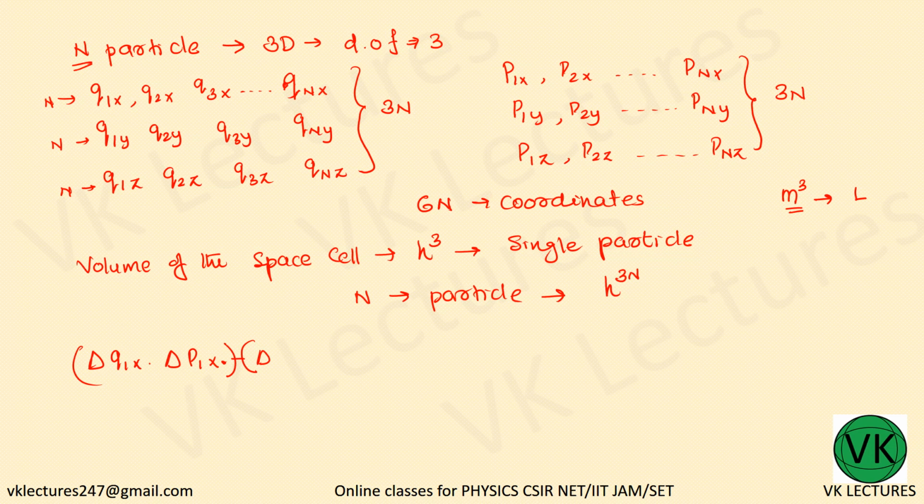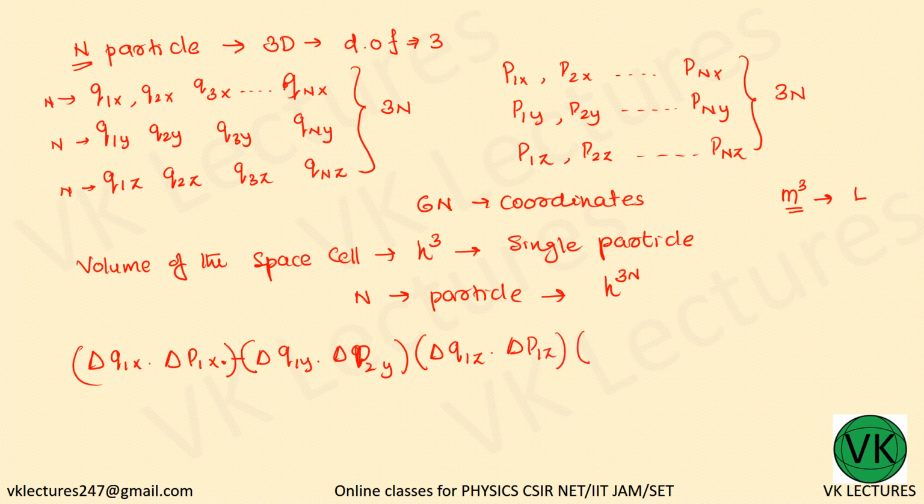So delta q1x into delta p1x into delta q1y into delta p1y into delta q1z into delta p1z. So this goes on.